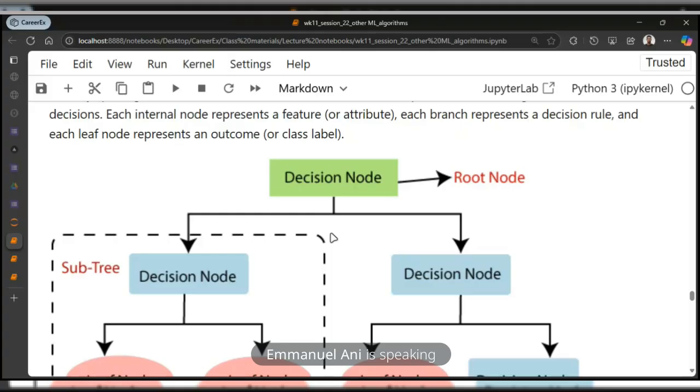So just think of a decision tree as a flow chart where you ask a series of yes or no questions to reach a particular decision. Let's say you are trying to create a model that can predict if a particular object is a cat or not.